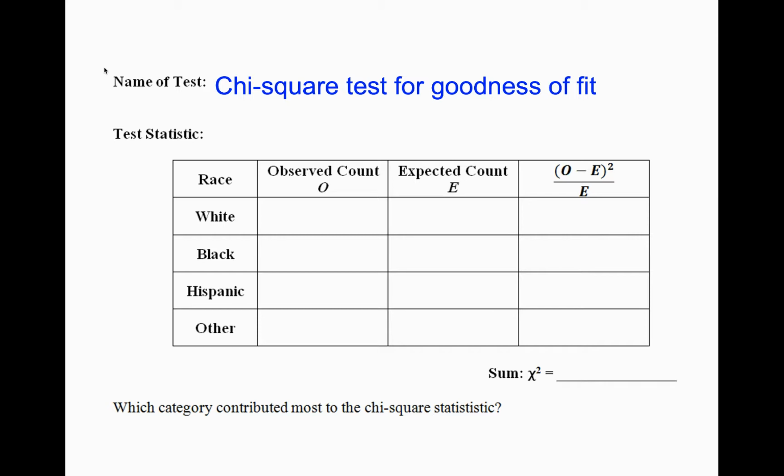So we have a table to help you keep things organized. I showed you on Wednesday how you can put these numbers into the list in your calculator, but we'll fill them all in the table just so you remember what calculations we did. So first, I'm going to fill in the observed counts. Those are the number of traffic tickets that were actually issued. We calculated the expected counts when we did the assumption step, so we'll fill those in.